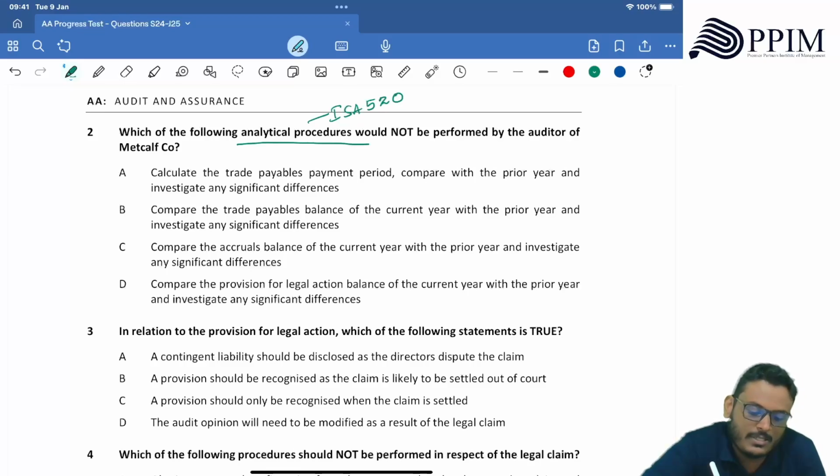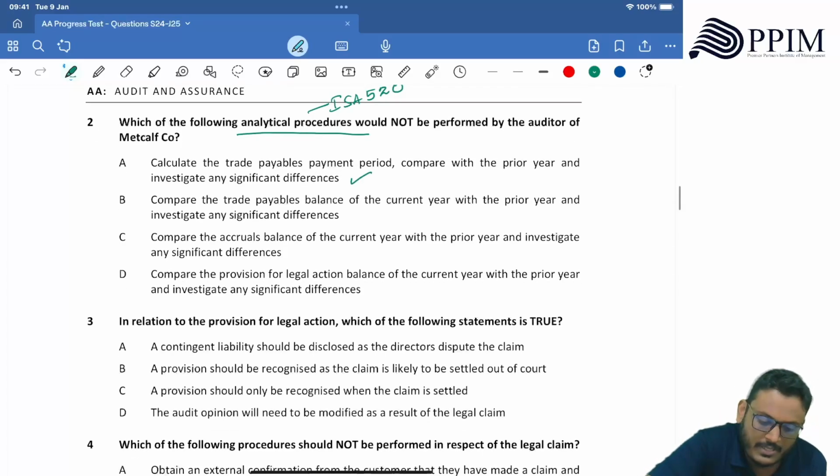Calculate trade payables payment period, compare with the prior year, investigate any significant variance. That is correct. Compare the trade payable balance current year with the prior year, investigate any significant variance. Correct. Compare accrual balance of the current year with prior year. Accrual balance is a balance sheet figure.